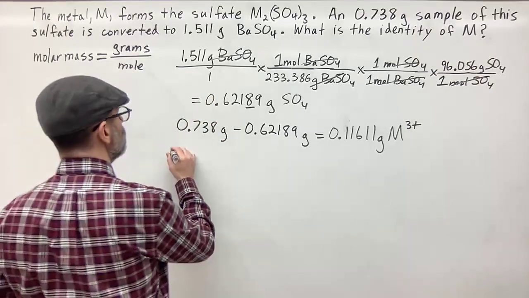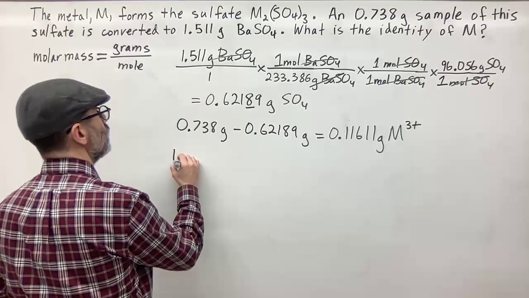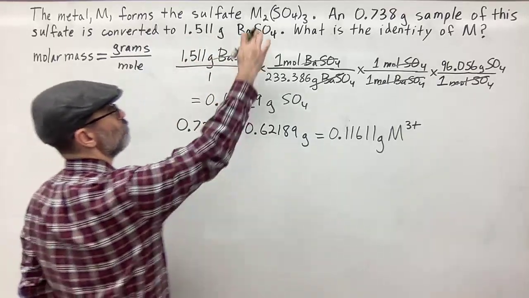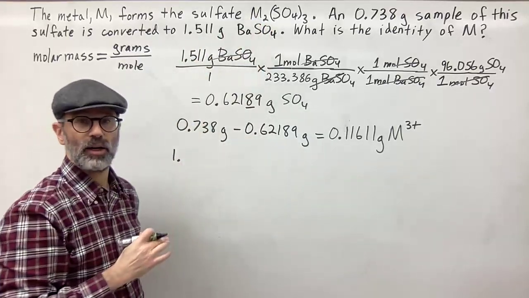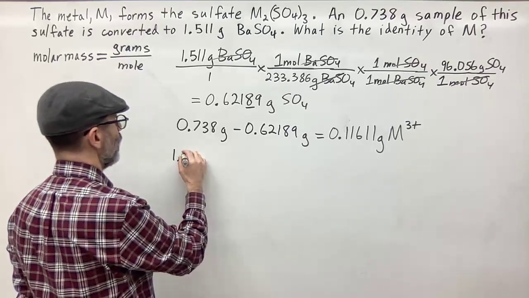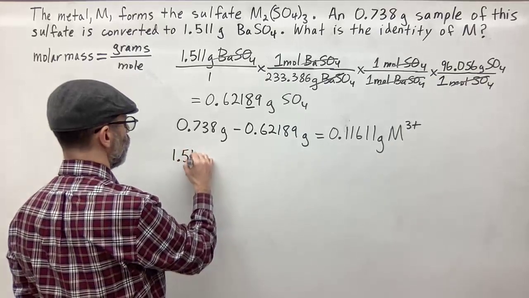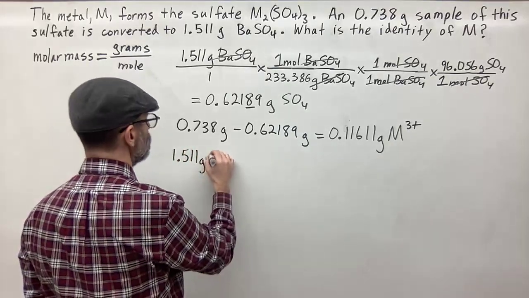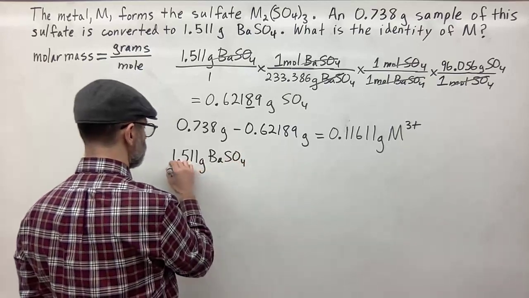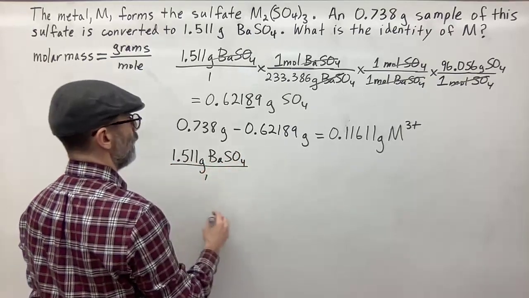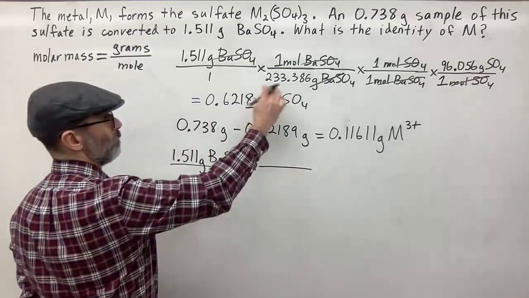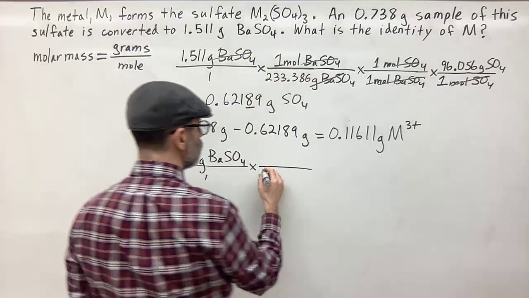If we start with this, we're going to convert this amount of barium sulfate to moles of the metal that the sulfate came from. Okay, so we have 1.511 grams of the barium sulfate. And again, we're going to multiply that by the molar mass to convert that to moles.